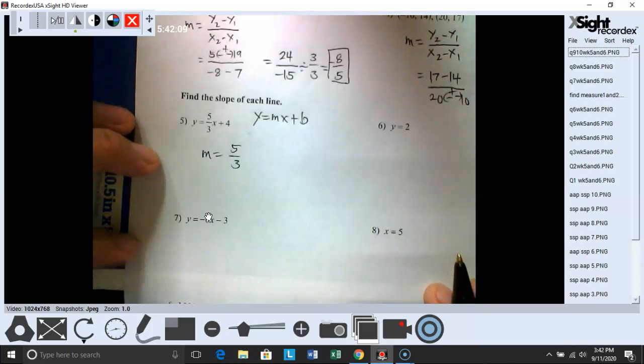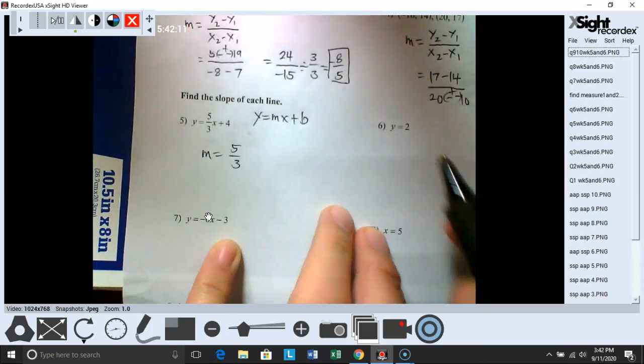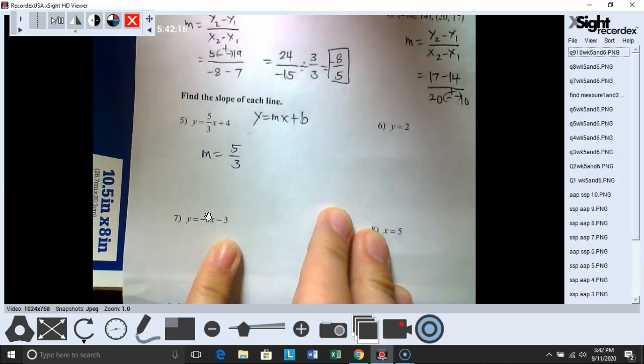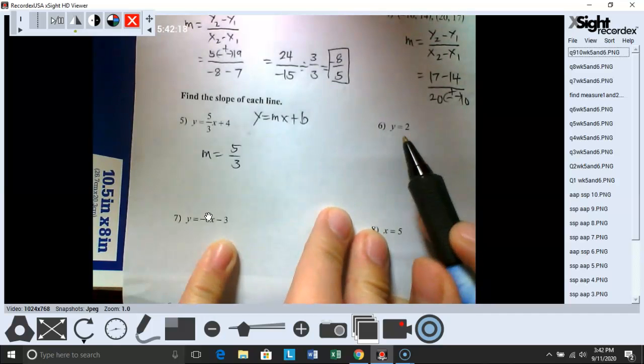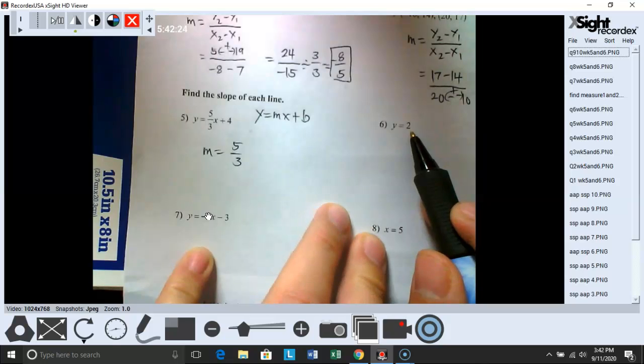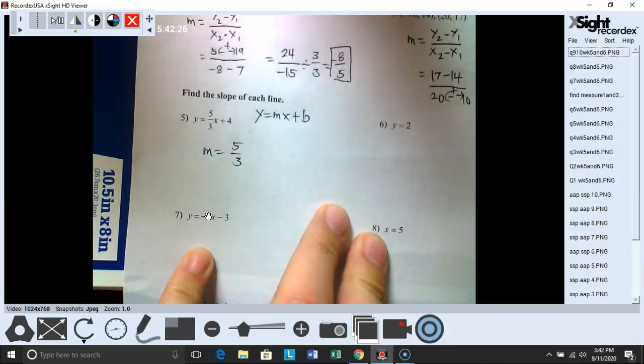Okay. Number 6, do we have a slope here? You're only given y-intercept here. So if you graph this, it's like this. 1, 2.